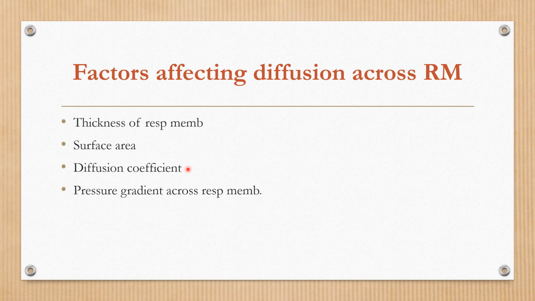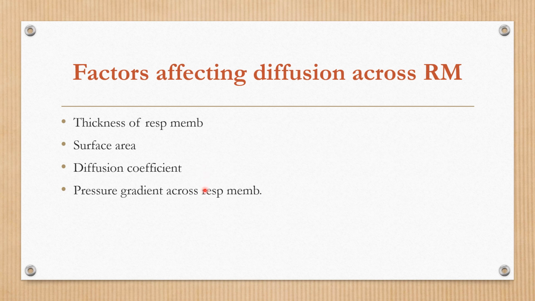So we can derive the formula: diffusion coefficient is equal to solubility of gas divided by the square root of molecular weight of the gas. So diffusion coefficient depends on solubility and molecular weight of the gas, and here you remember CO2 has 20 times more diffusion coefficient than oxygen through water or liquid.